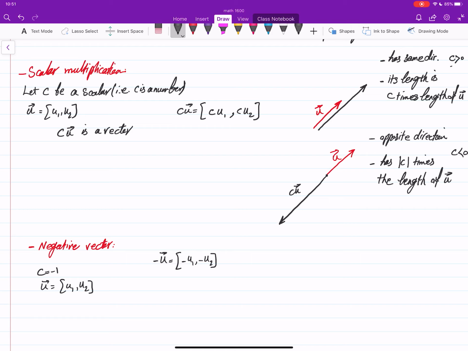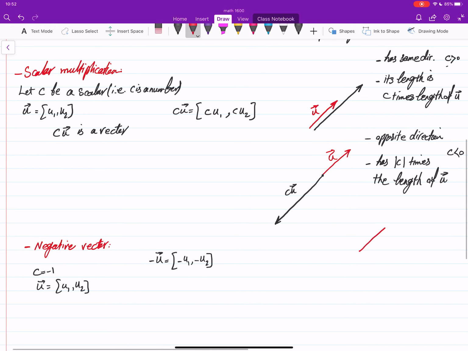What is the geometric picture of that? If you start with u, negative u is multiplied by -1, so it will go in the opposite direction, and it has exactly the same length because the absolute value of -1 is 1. So: opposite direction, same length.